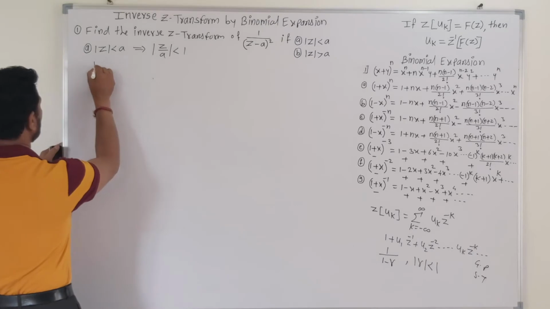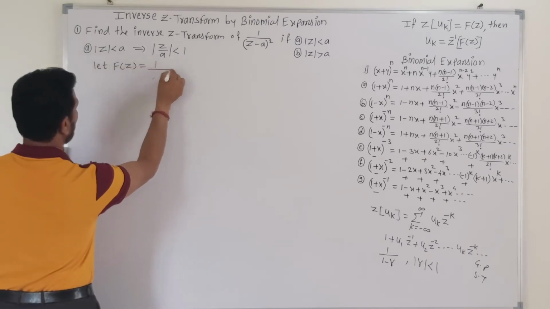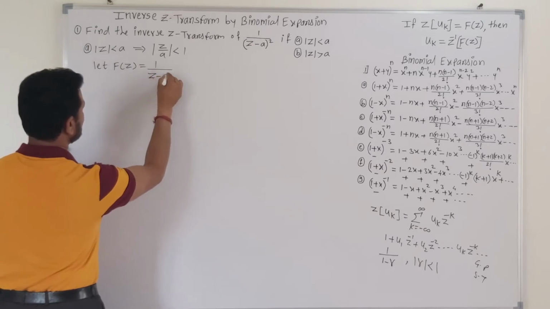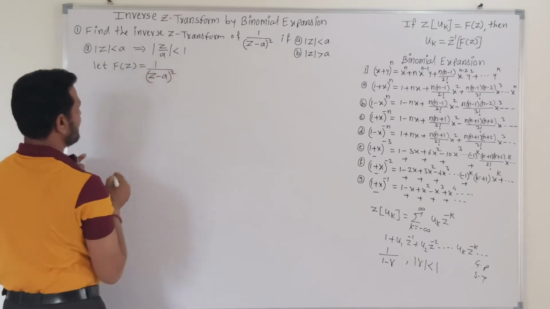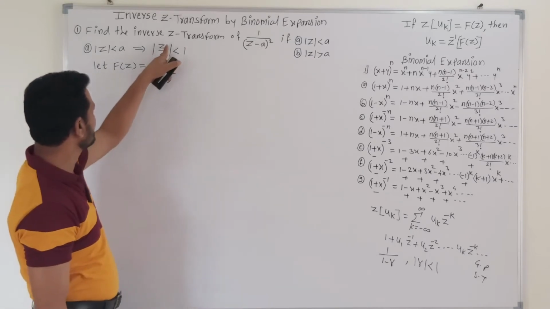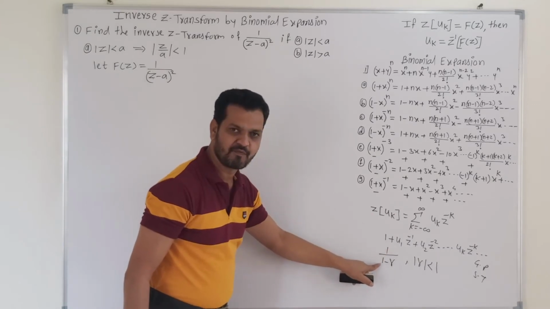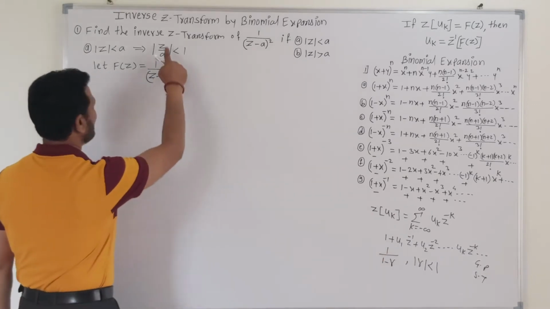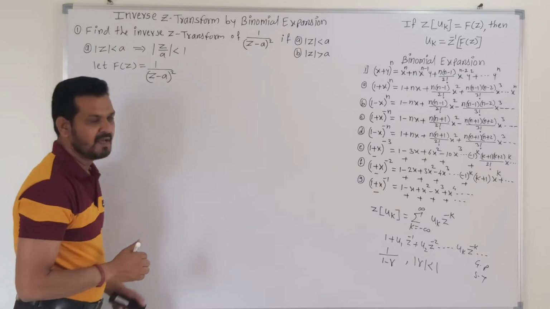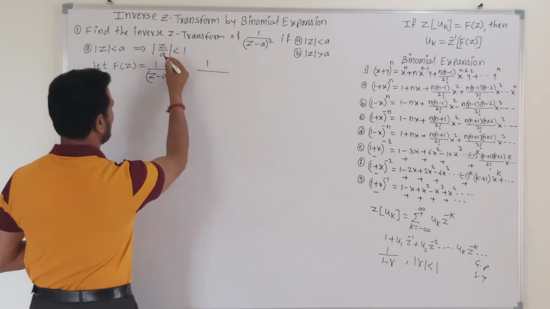So let's denote the given function as f of z, which is 1 upon (z minus a) squared. Now friends, please try to understand that here the region of convergence is in terms of z by a. Our aim is to write the given function in the form 1 upon 1 minus r. So here the value of r is z upon a. So try to write this function in terms of z upon a.